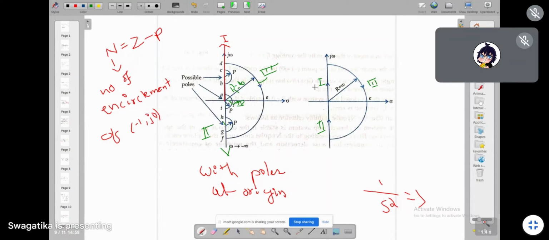Path number 2 is the mirror image of path number 1.